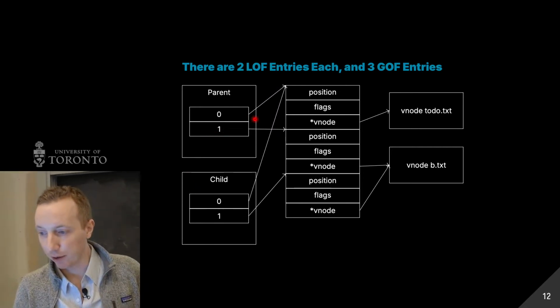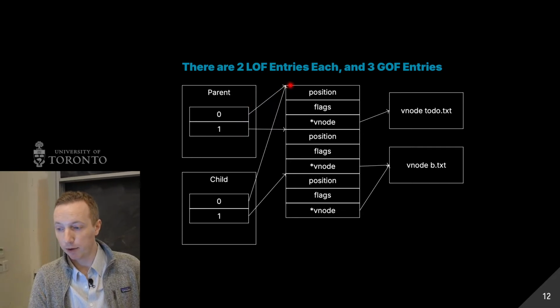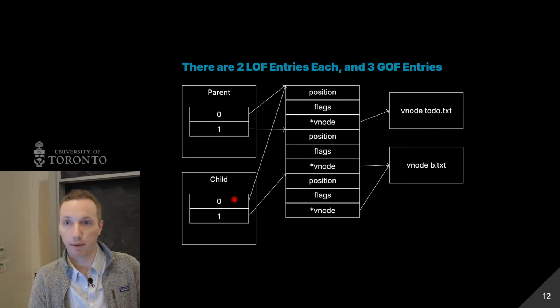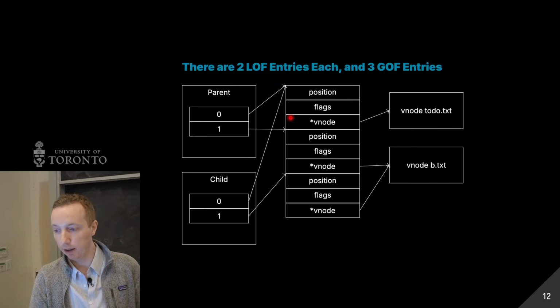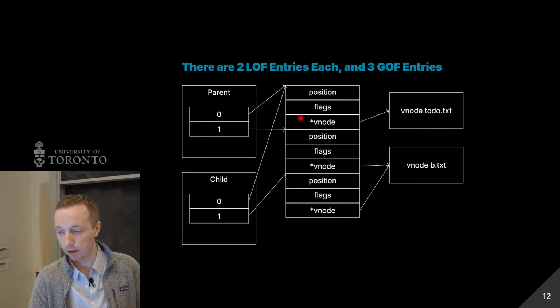So 0 is what we opened before the fork. When we do an open system call, that's a new position, flags, and pointer to a vnode. That would point to the a.txt file. And when we fork, the child will have a file descriptor 0, also pointing to that same entry in the global table, which there's only one of, and it's held in the kernel.